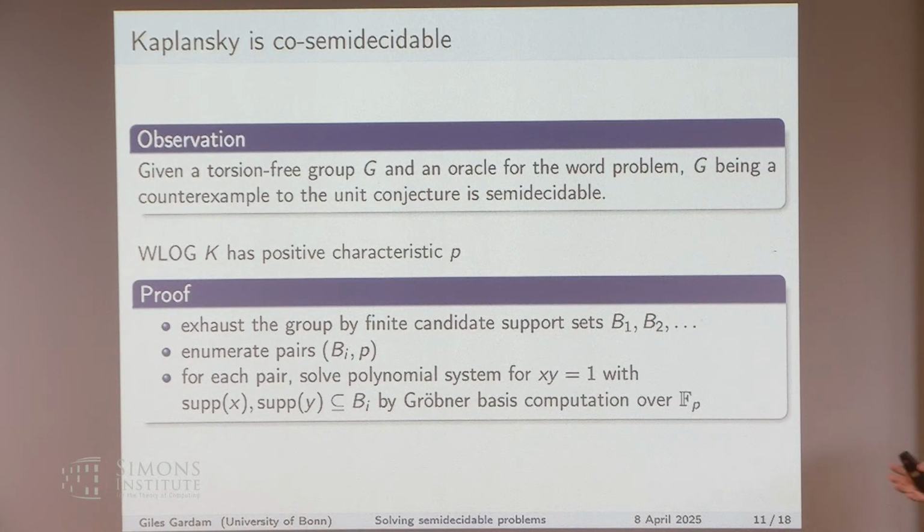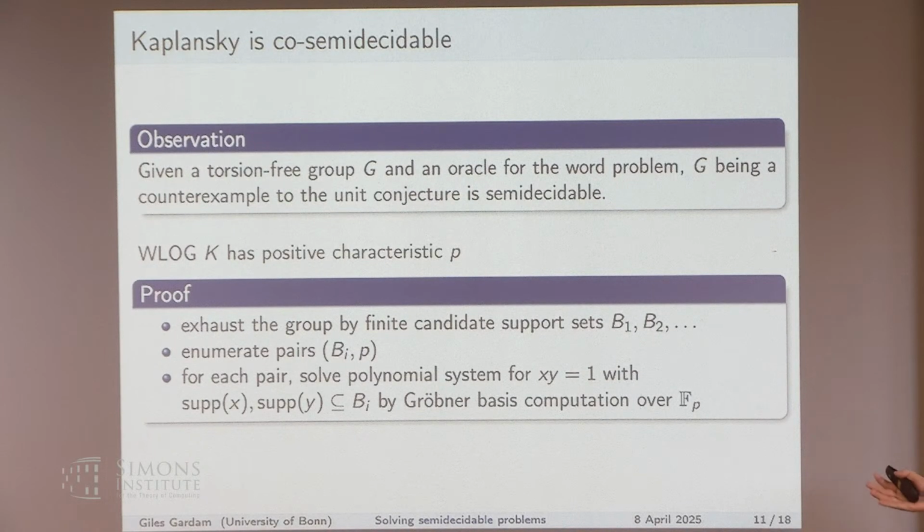Right, so in Z squared, these balls will be these diamond shapes with raggedy edges in my two-dimensional grid. So I'm exhausting the group by these finite sets, and then I just enumerate all pairs of a prime number p and one of these balls.